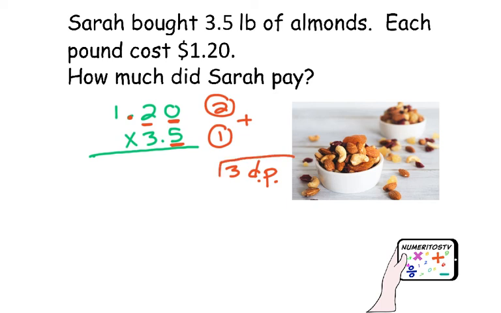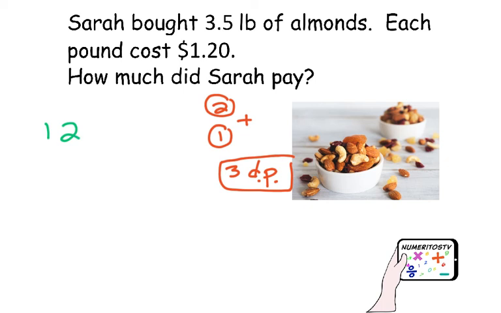So this is information that I need for later. Then you erase that decimal for a moment. I am going to literally erase the decimal and just work with the whole numbers when you multiply. So you are going to multiply 120 times 35.